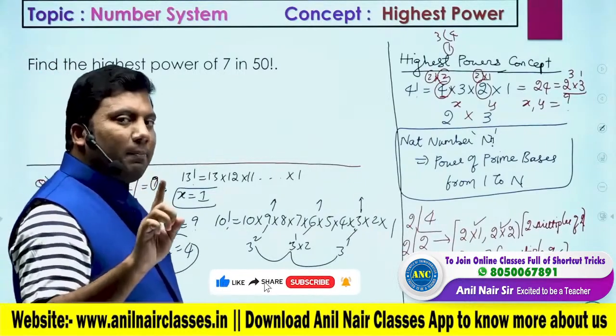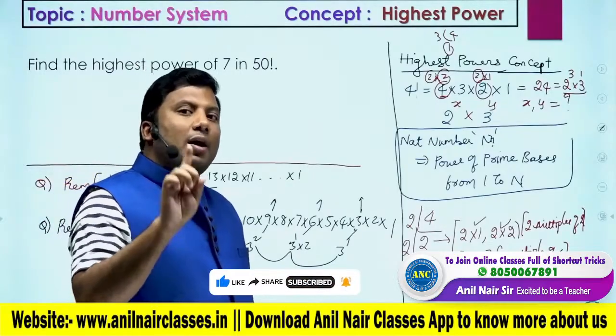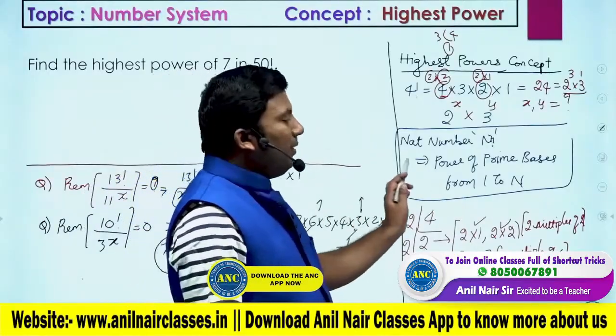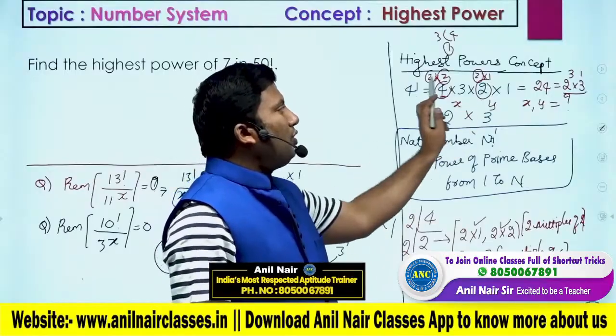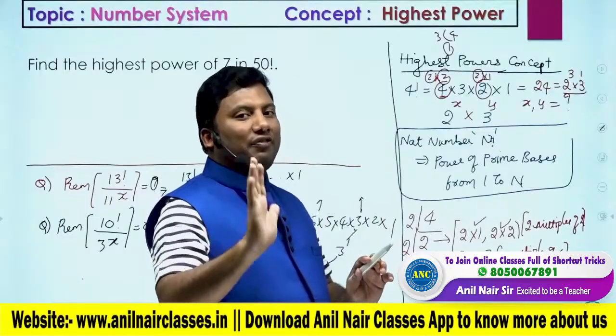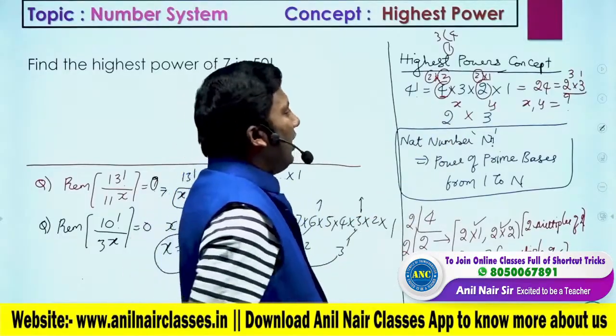Again, I am repeating the important key steps. A factorial can be written as a power of prime bases from 1 to n. 1 to 4 I wrote. The 1 to 4 product will give you 4 factorial. What are the prime numbers from 1 to 4? 2 and 3.